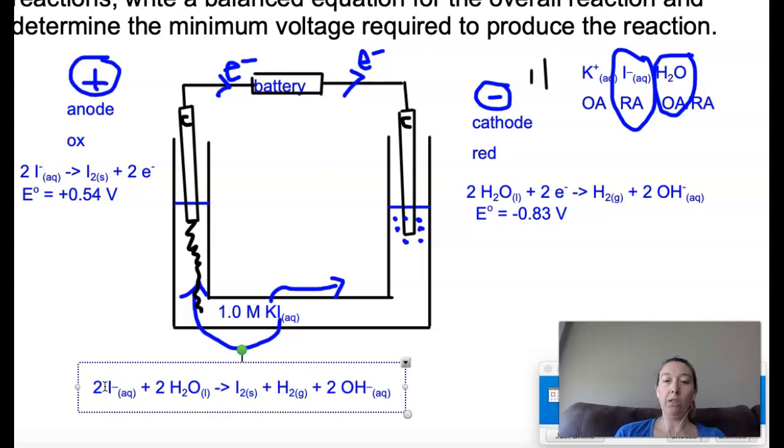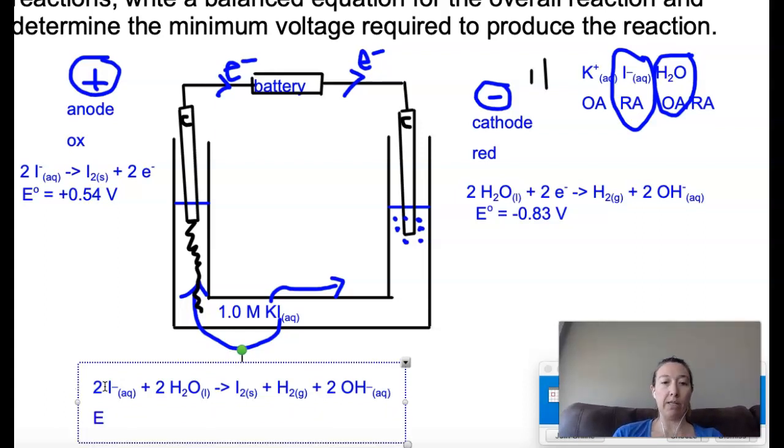Okay, we want to include the E naught for this cell. We calculate it the exact same way that we did previously. It is still going to be the cathode minus the anode. So we're going to get that negative 0.83 volts. And then we are going to subtract the anode. So we're going to subtract positive 0.54 volts.